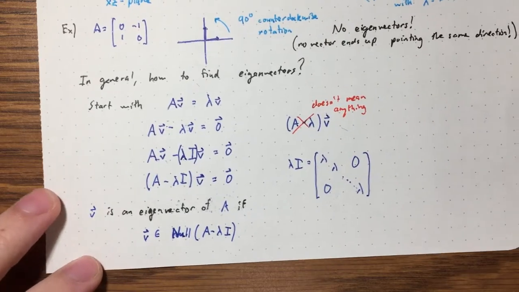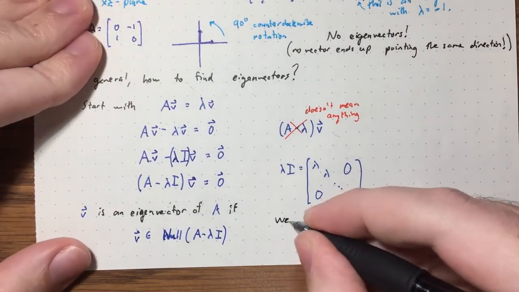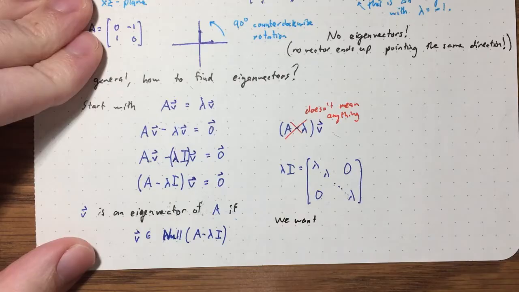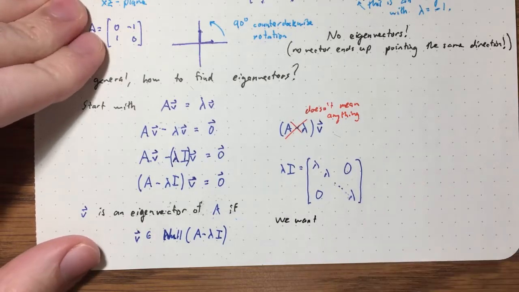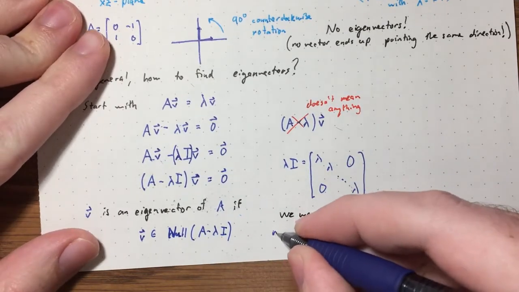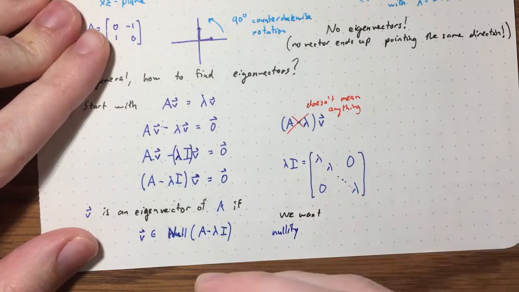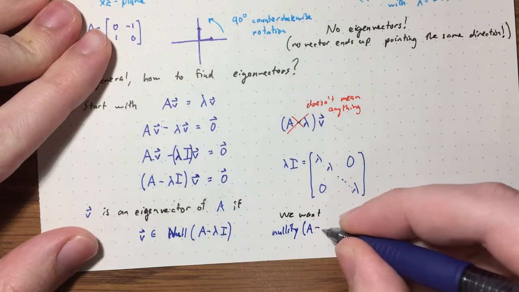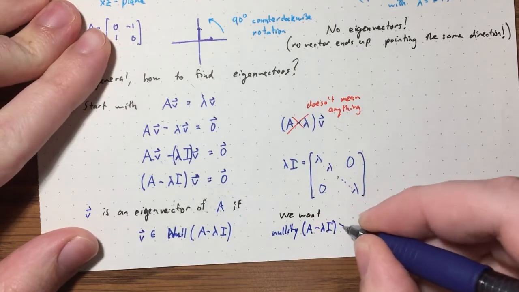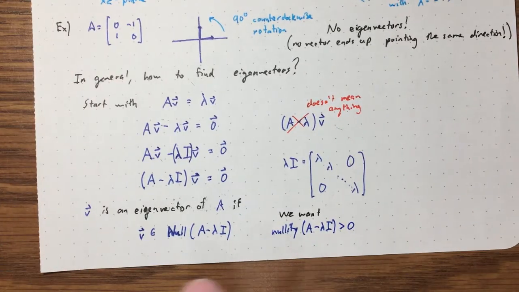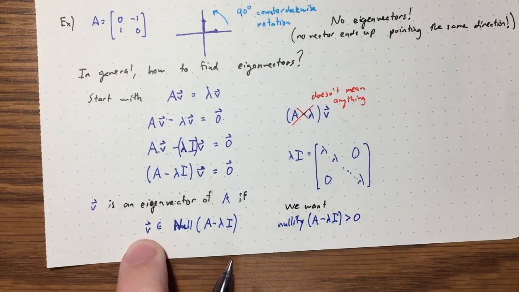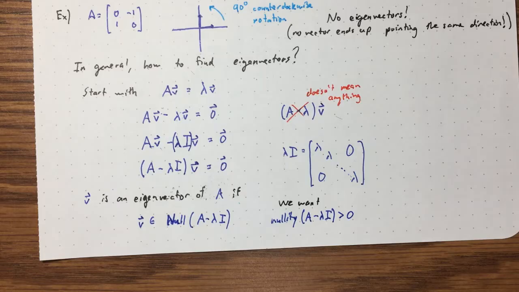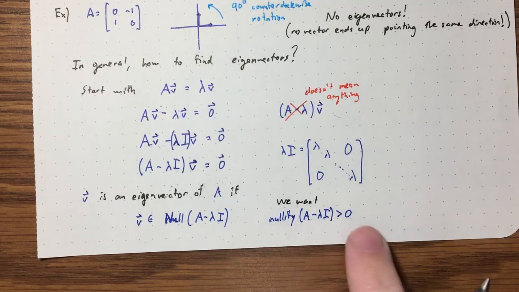Okay, so we want to choose lambda so that the nullity, the dimension of the null space of this matrix, is not 0. Or else we will not be able to find any vectors in it other than the 0 vector. So first of all, we want there to be some vectors in this null space.